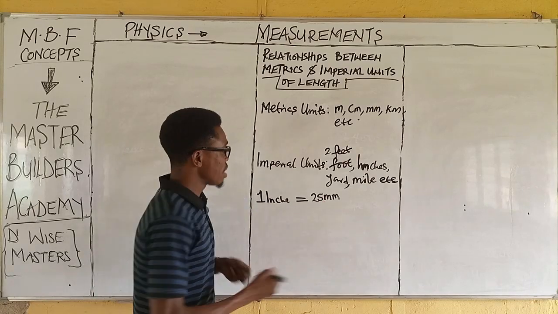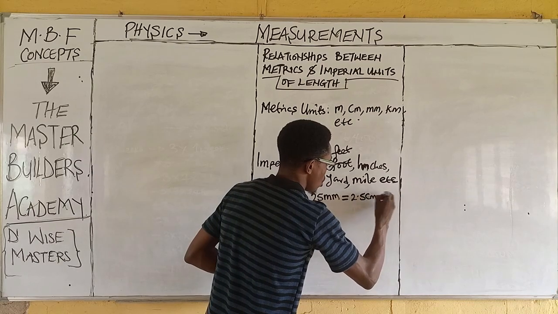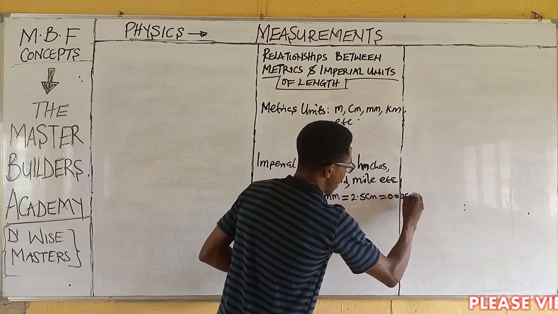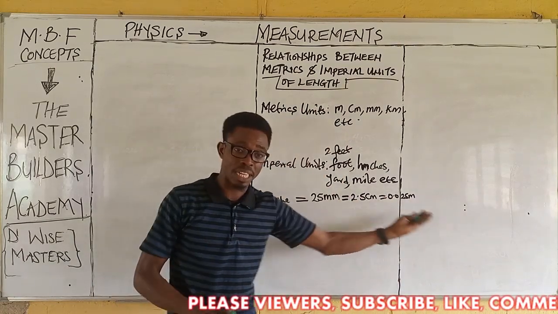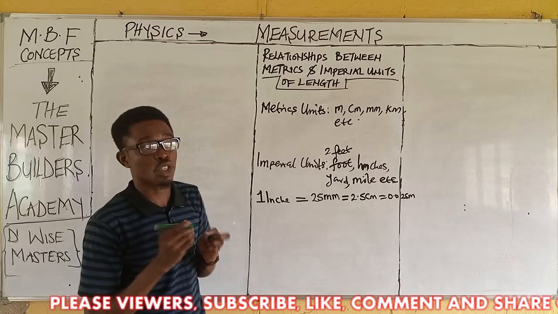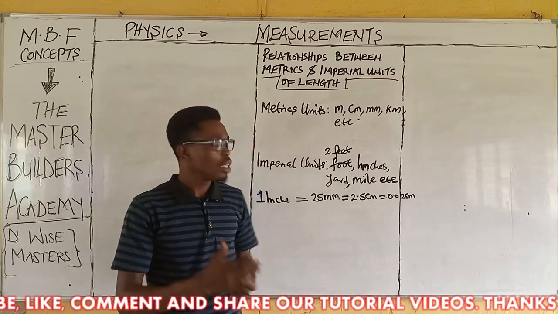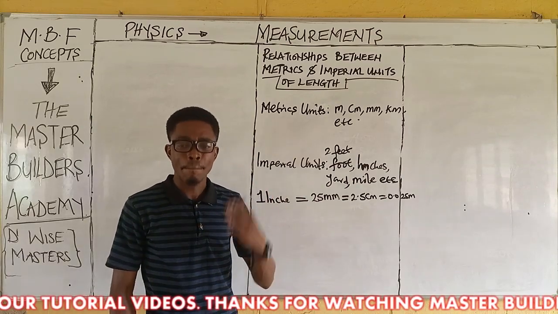Which is the same thing as 2.5 centimeters or 0.025 meters, if you want to convert further. But understand that 1 inch is equivalent to 25 millimeters.